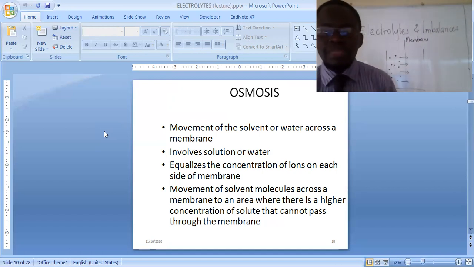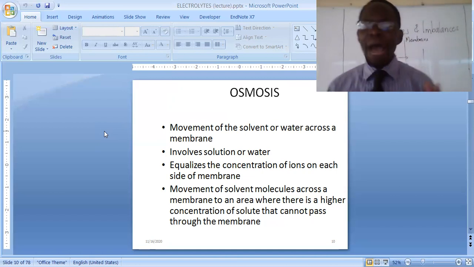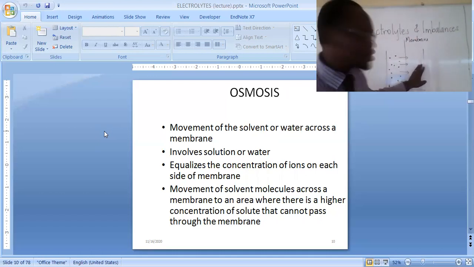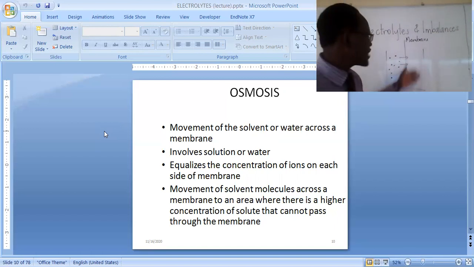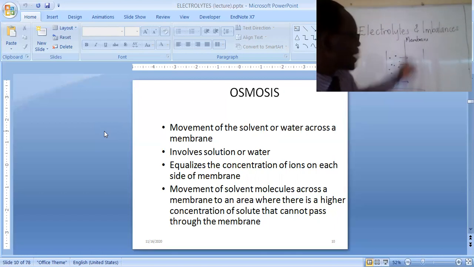Now, it moves up to a point where there is equalization in concentration. It moves this side because there is a high concentration over this side. In other words, if it is salt or sugar, there is too much concentration here, so the water moves.